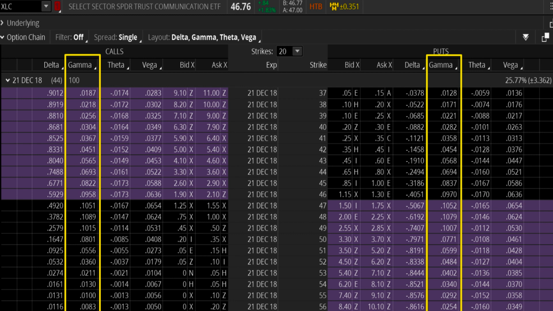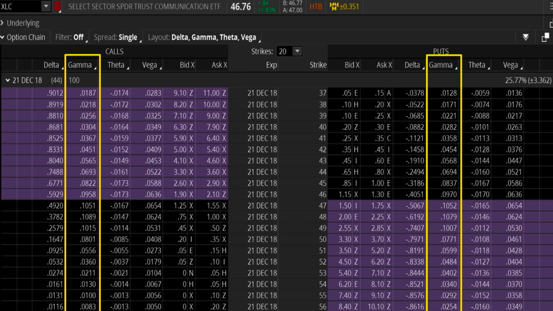And if you go really deep in the money up at the top of the screen, the gamma again gets really close to 0. The same is true for the puts, but the out of the money options are up at the top, and you can see the gamma is really close to 0, so really low velocity for that rate of change of delta. And if you go really deep in the money down at the bottom of the screen, the gamma again gets really close to 0, which again means a really low rate of change.